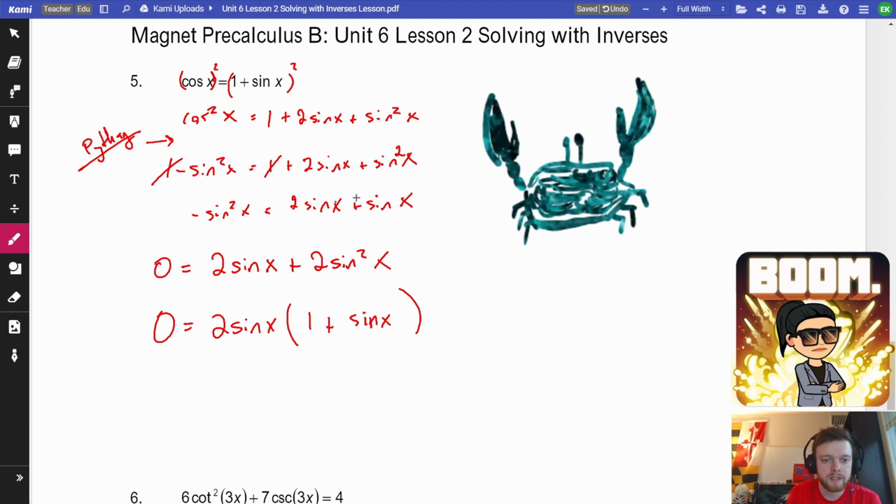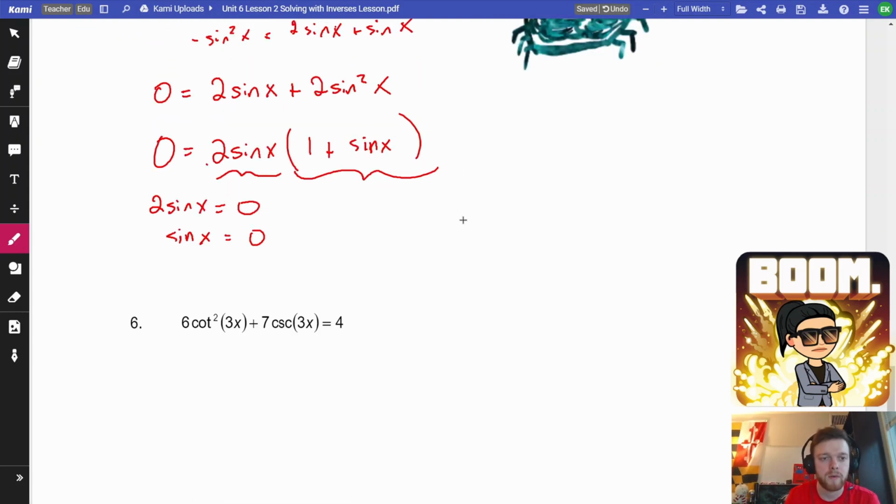Alrighty. Let's go ahead and set these two things equal to 0. 2 sine x equals 0. Divide both sides by 2: sine x equals 0. When is sine x 0? Let me just think about it on the unit circle. When is the y coordinate 0?